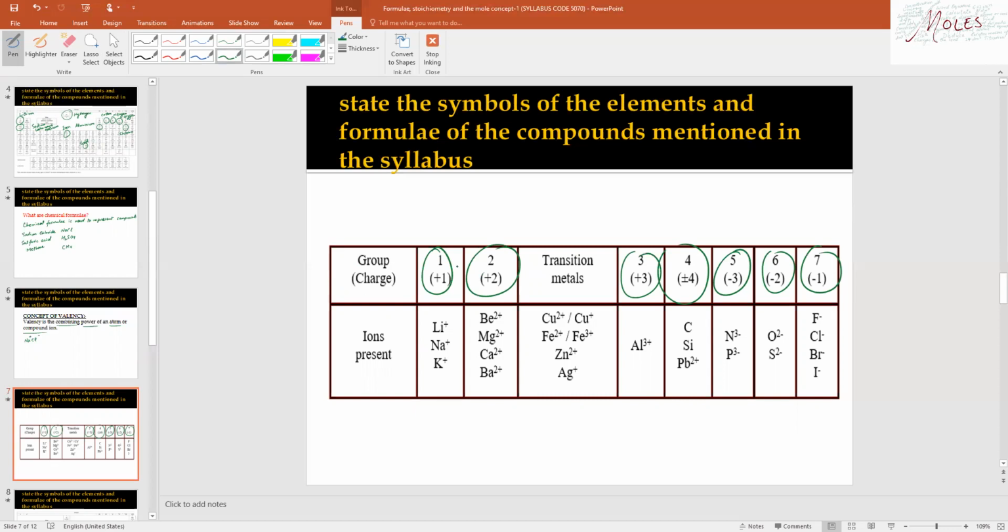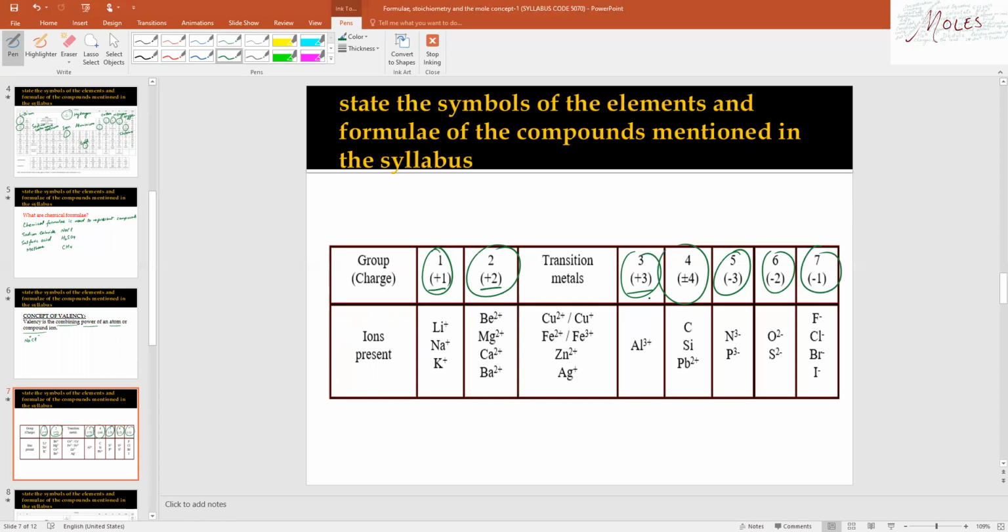These are the metals: group 1, +1; group 2, +2; group 3, +3. All we need to do is place a positive charge before the number. It is the same number of electrons they are going to lose during the formation of an ionic bond.